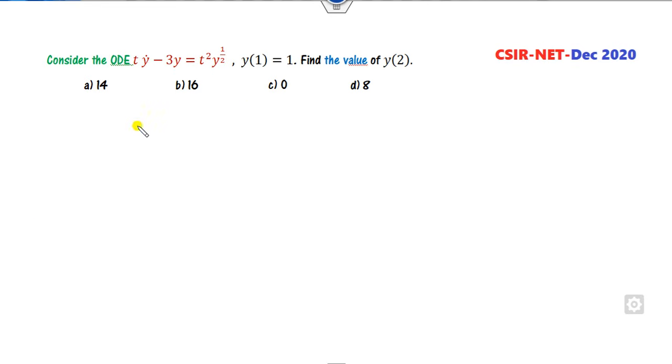Last question, I can write this in terms of coefficients. This is my Bernoulli equation. Once you have the Bernoulli equation, you can transform it into a linear equation.